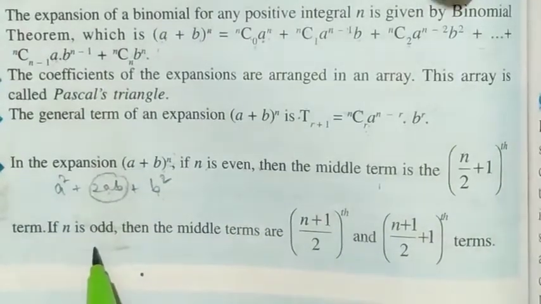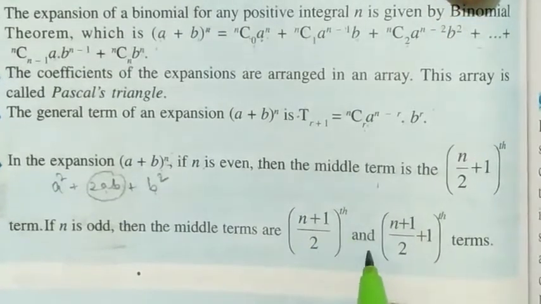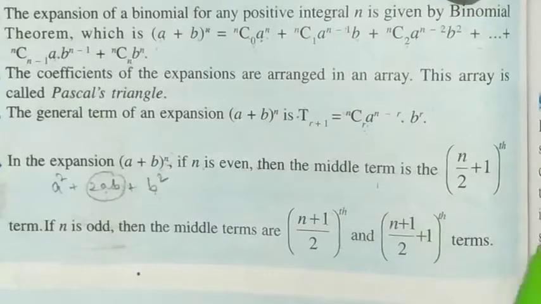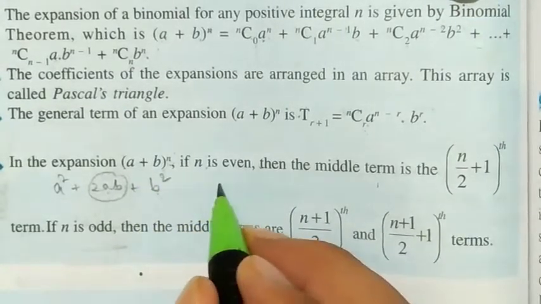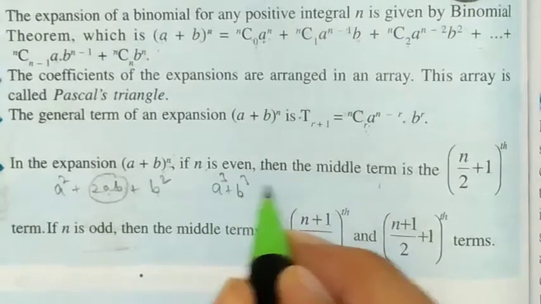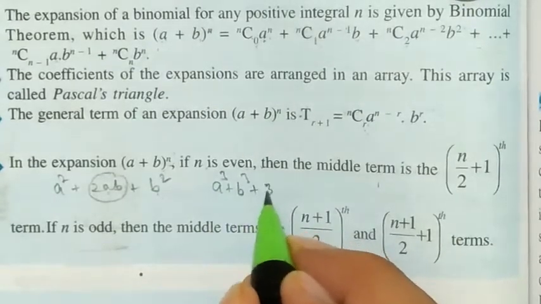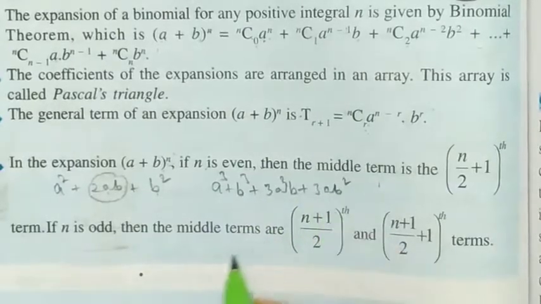Now if n is odd, the middle terms are the ((n+1)/2)th term and the ((n+1)/2 + 1)th term. Like if n is odd, like (a + b) whole cube. (a + b)^3 is what? a^3 + 3a^2 b + 3ab^2 + b^3.